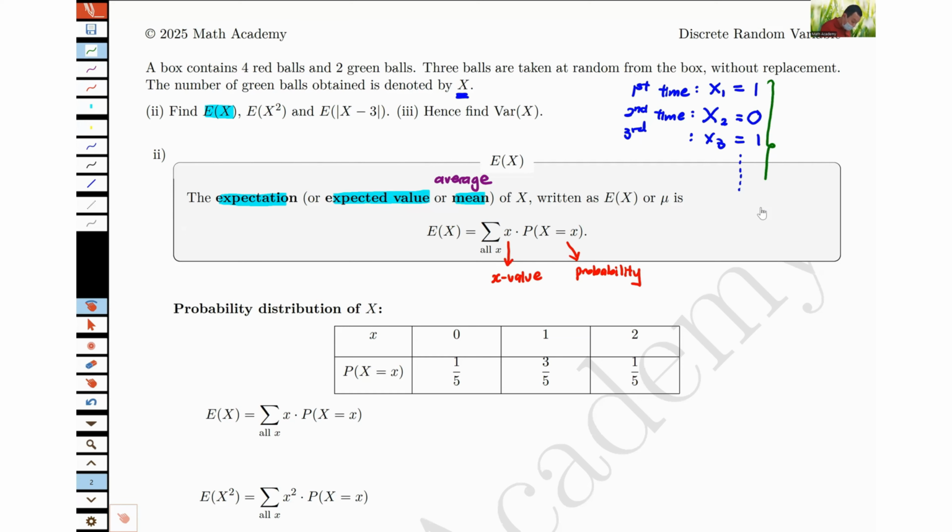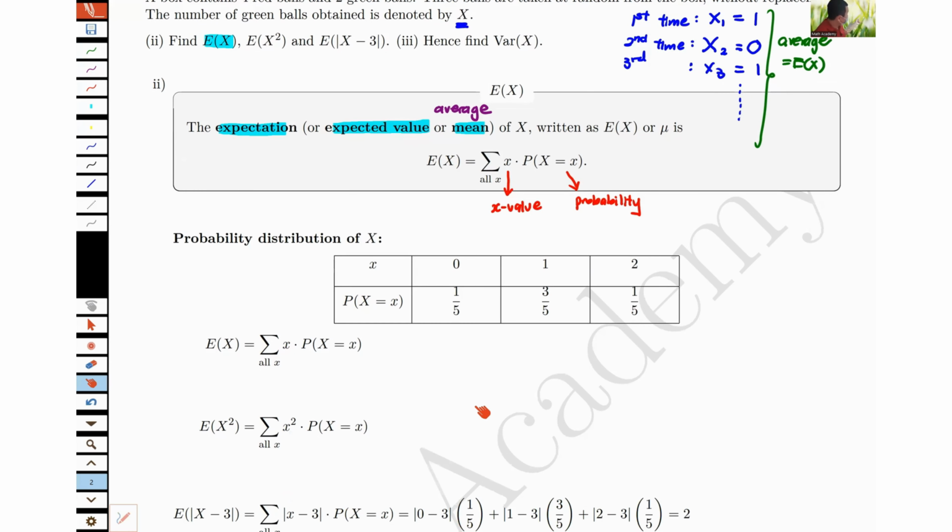All these numbers, if I find the average of all these numbers over a very, very long run, I expect this number to be that expectation. Expectation of X means the average of each try that you're trying to do over a long run.